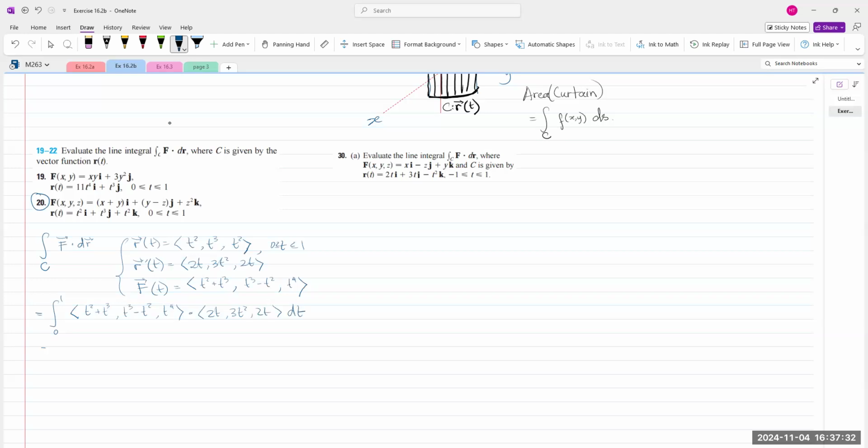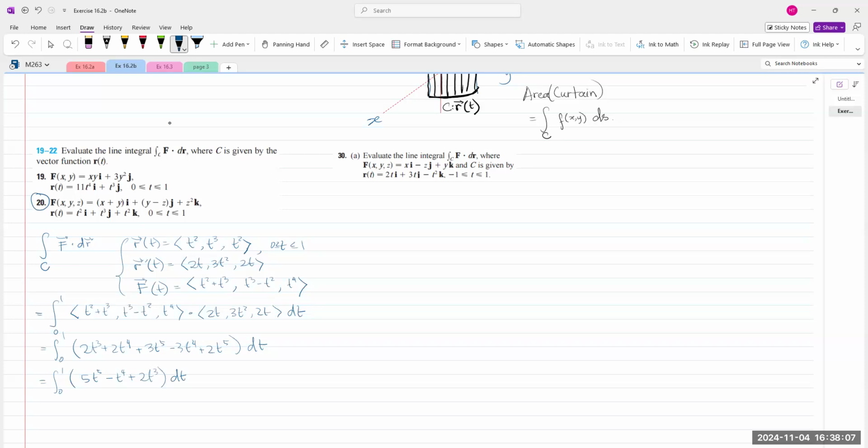Doing the dot product gives us 2t cubed plus 2t to the fourth plus 3t to the fifth minus 3t to the fourth plus 2t to the fifth, dt, integral from 0 to 1. That will be 5t to the fifth minus t to the fourth plus 2t cubed, dt.